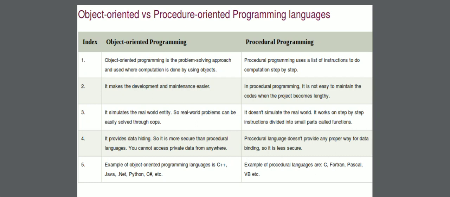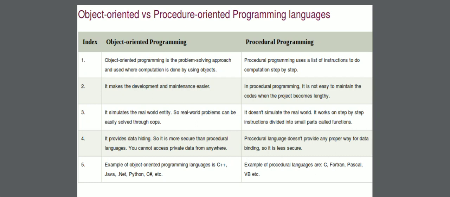We have solved some assignments. In that one, we have simply used step by step instructions to solve a particular program. Such a way of solving a problem is simply procedural, isn't it? We are writing a list of instructions to do the computation step by step.